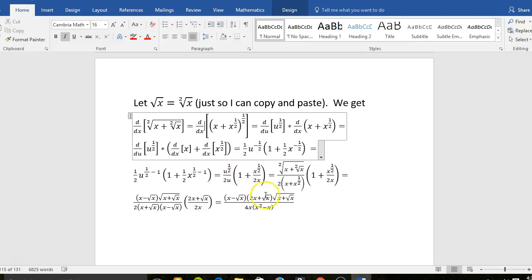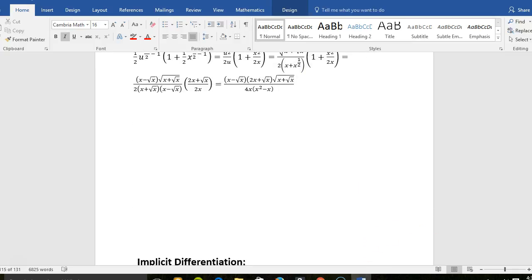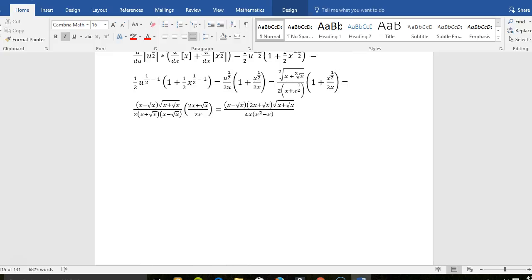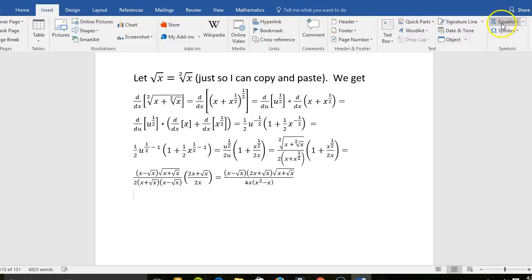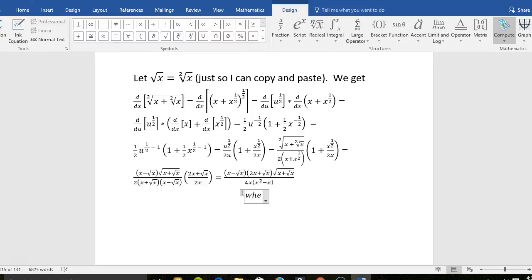So remember the chain rule, we need to let u equal x plus the square root of x. Did I neglect to put that? Yep, I did. So we're going to let u equal x plus x to the half, and let me just note that here. Where u equals x plus, you could call it square root of x, I'm going to call it x to the half.